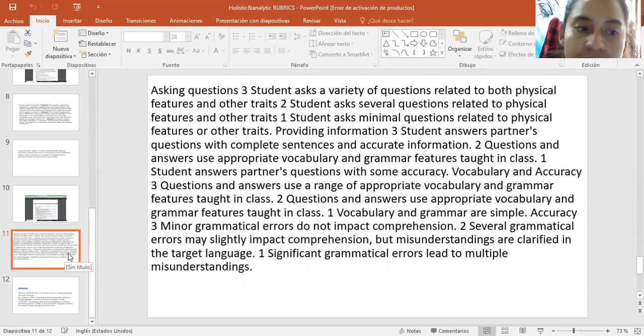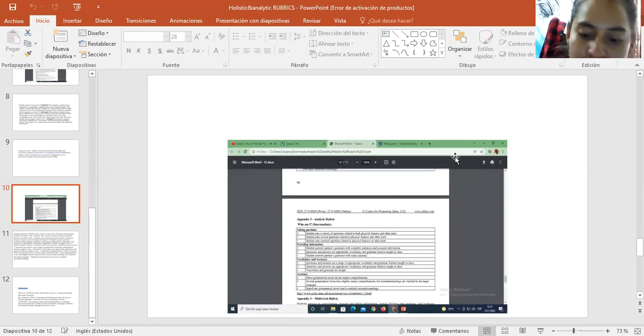This rubric includes, for example, if, as teachers, we need to know if the students have the best level about questions. We can evaluate in this category, for example, asking questions.